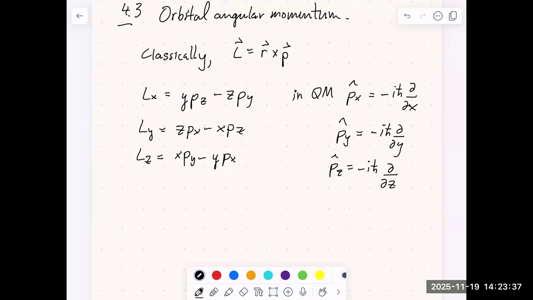That means we can know both of those simultaneously, and they're also stationary states. So once we prepare our system in a particular state with some energy and some angular momentum, it will stay that way. Okay, there will be no time evolution away from that state.